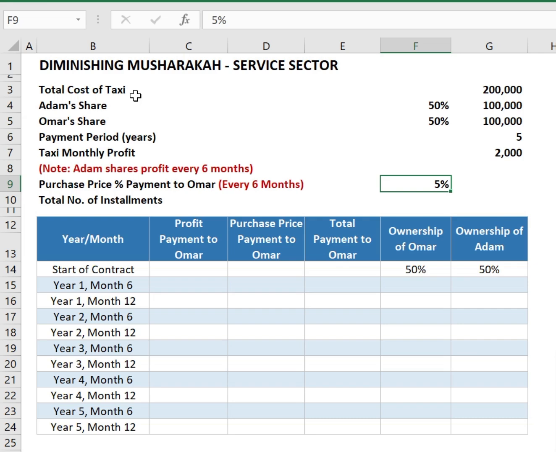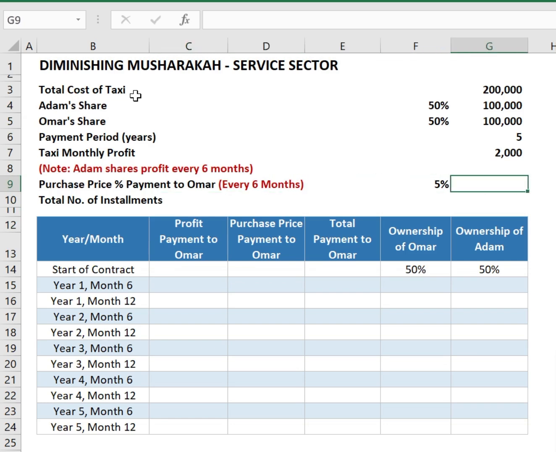So we need to determine the purchase price based on this rate, the total number of installments, and the completion of this schedule, in order to facilitate the determination of relevant information insofar as diminishing Musharakah in the service sector is concerned.